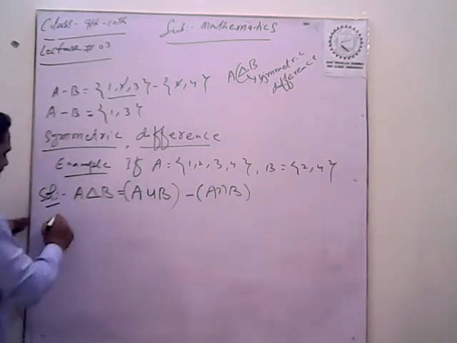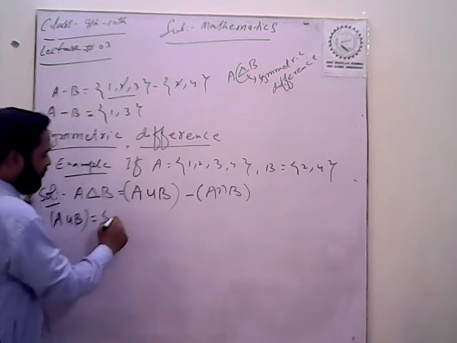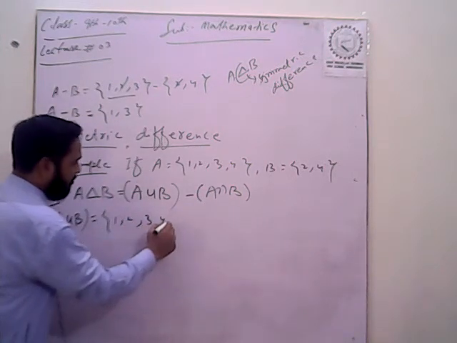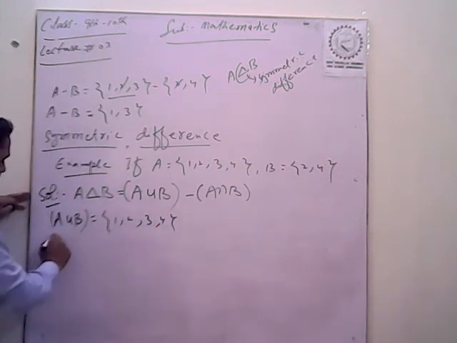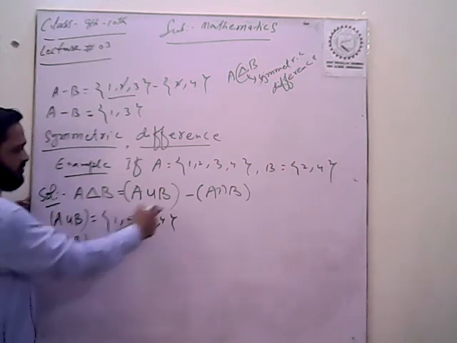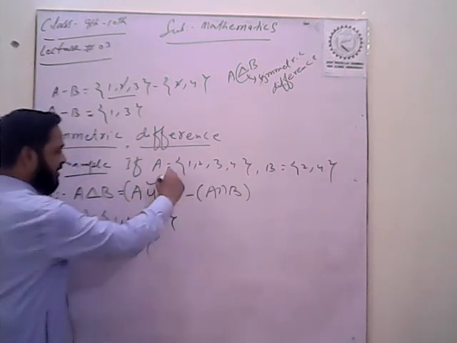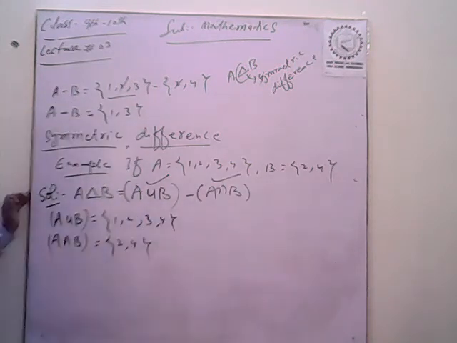Now A union B is equal to {1, 2, 3, 4}, then A intersection B is equal to the common elements, 2 and 4. First we find A union B, then finally A intersection B.